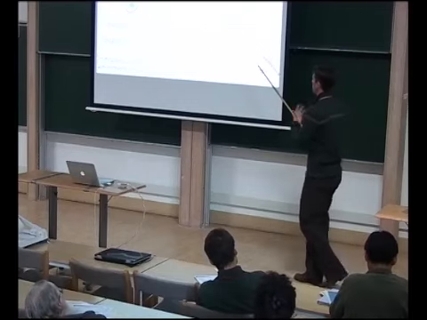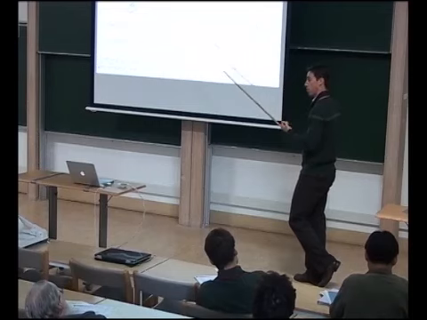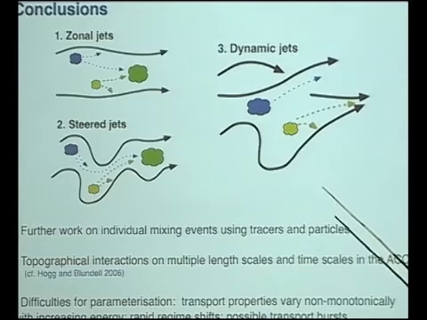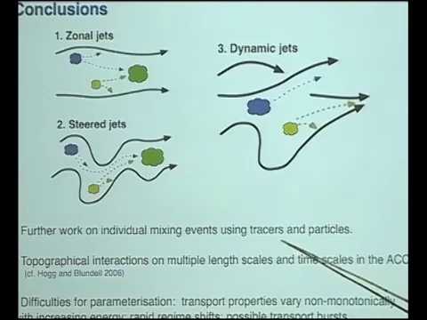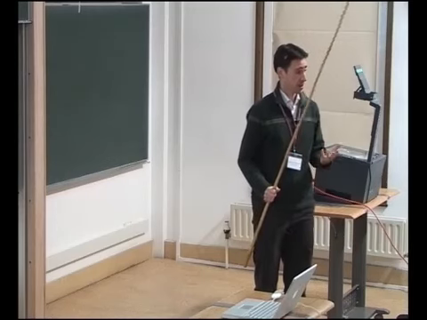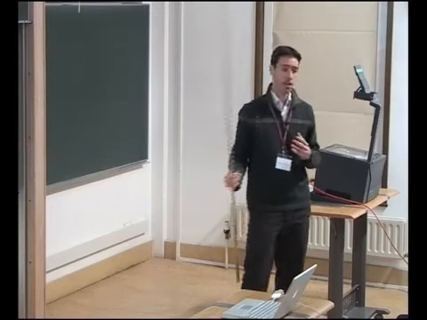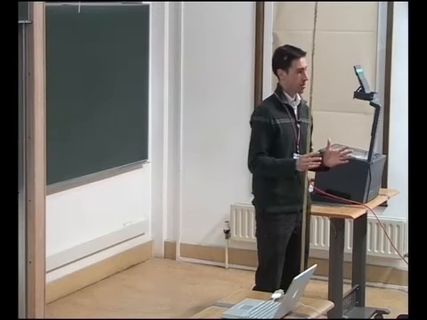You've got jets merging, you've got jets splitting. Are there other ways for tracers to undergo large meridional excursions without actually crossing the jets? These simulations show that such possibilities exist and are probably very relevant to what's happening in the ACC. And so these mixing events, I think, need to be looked at further.